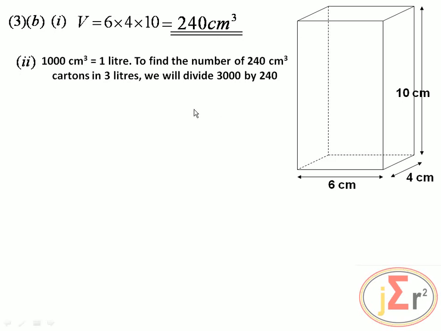So we have a total of 3000 centimeters cubed, which is 3 liters, and that we will divide by the volume of milk in each box, and we will know the number of boxes. And that turns out to be 12.5, 12 and a half cartons.